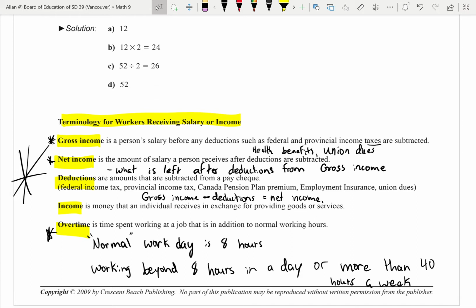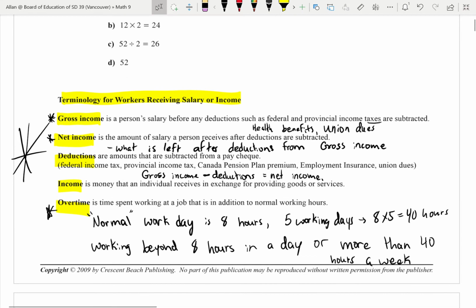And where I got that number from, if a normal workday is 8 hours, you have 5 working days. So I get 8 times 5 gives me 40 hours a week. So a normal work week, most people work 40 hours a week. So overtime is when you go over this normal period of time.